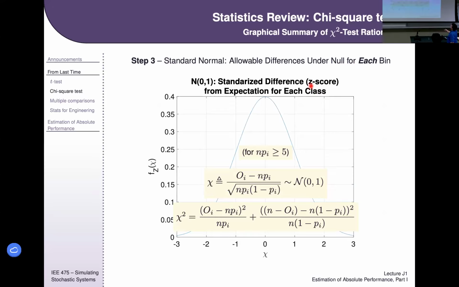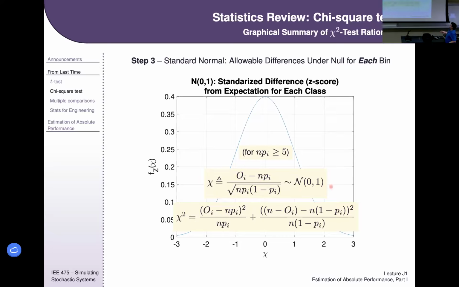So if the average value inside a bin is 5 or greater, you can take the observed counts minus the average, divided by the variance in the normal approximation of a binomial. This z-score will be distributed as a standard normal so long as the number of counts is 5 or greater.